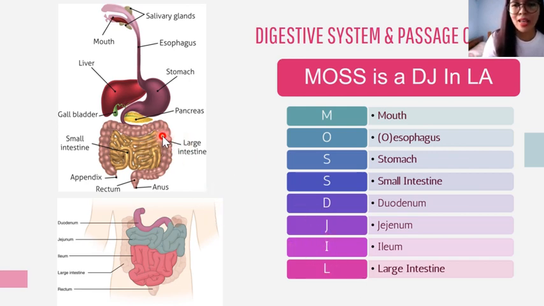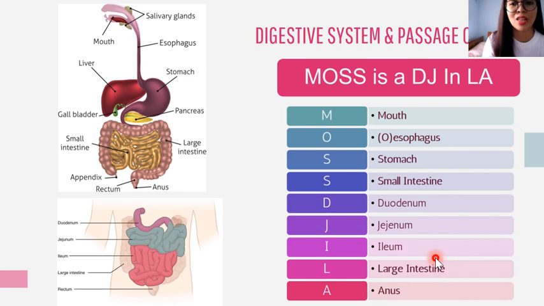Okay, and in your large intestine, what happens here is that water is reabsorbed and feces is formed, and then it will then be exited through your anus, which is the opening for the elimination of your feces. Okay, so I hope you still remember your digestive system. And I hope this mnemonic helps you remember your digestive system. Okay.